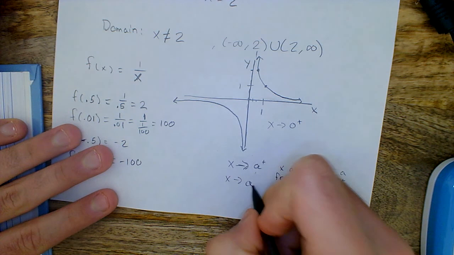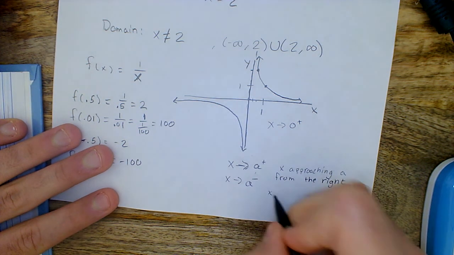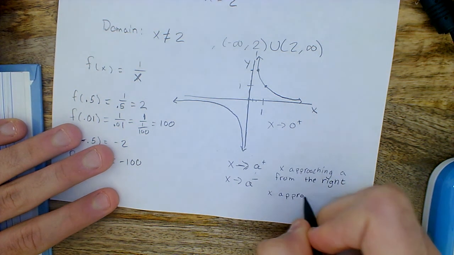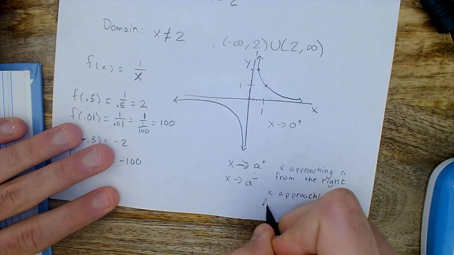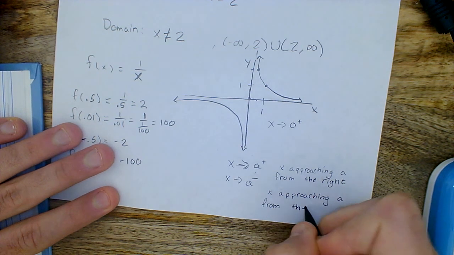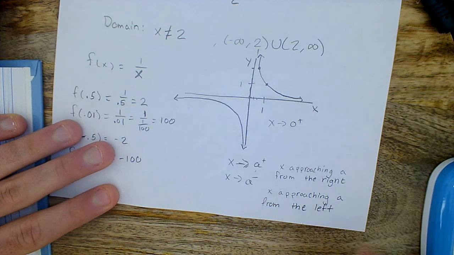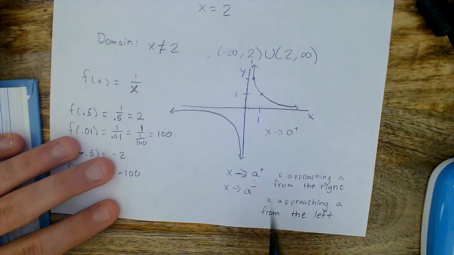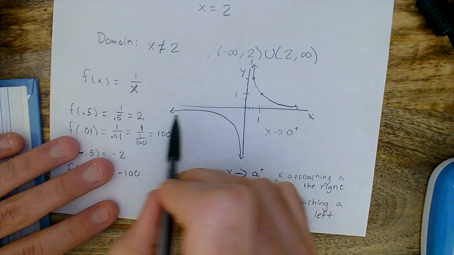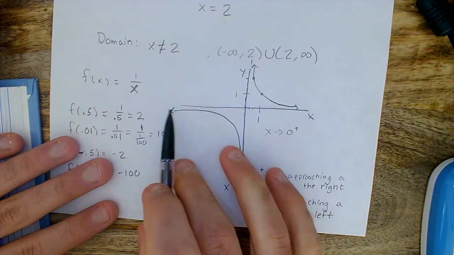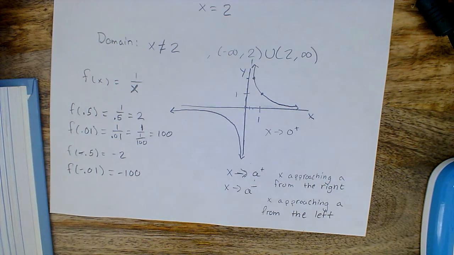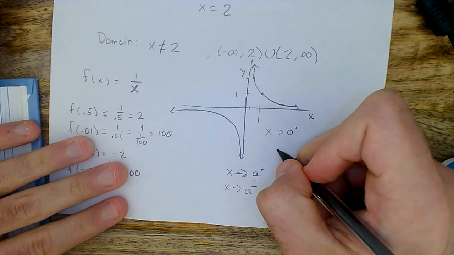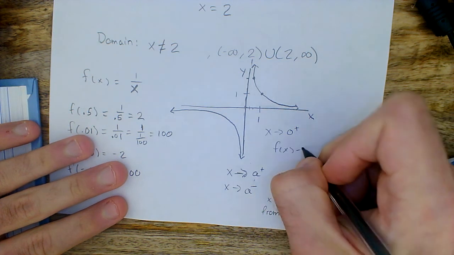This one, x approaching a from the left, is the same thing. So that would be going like this, because you start from the left of your number and approach x equals 0 from the left.